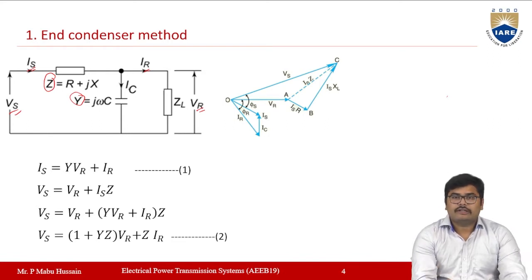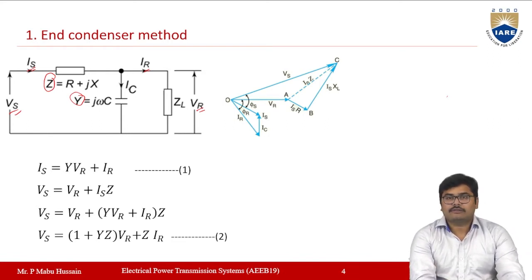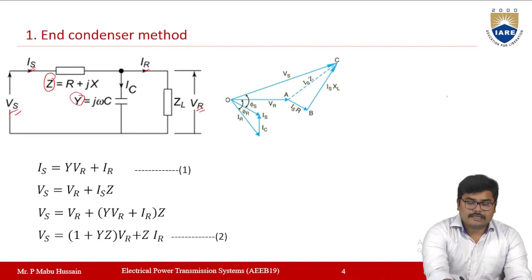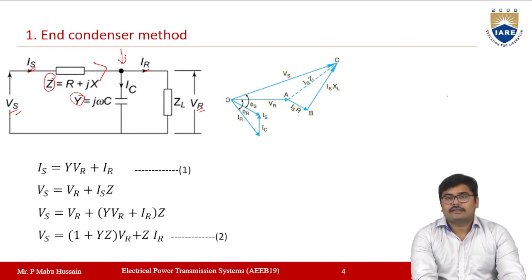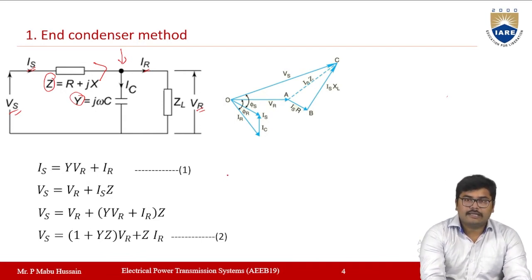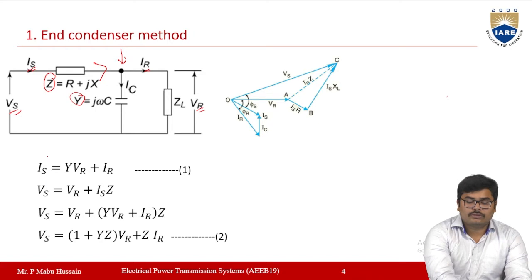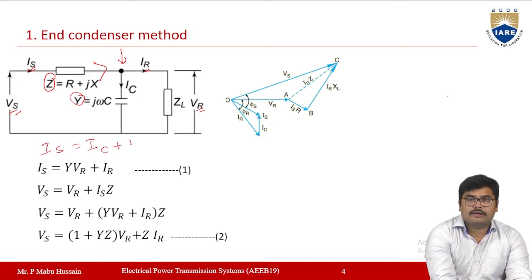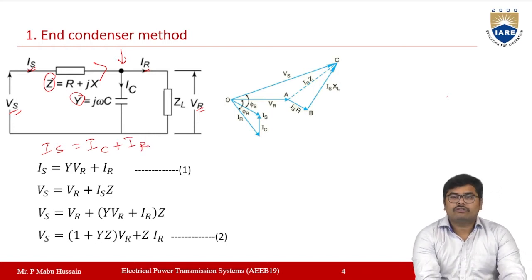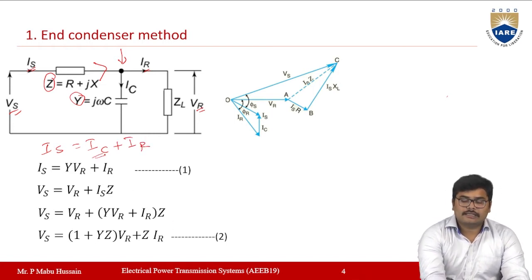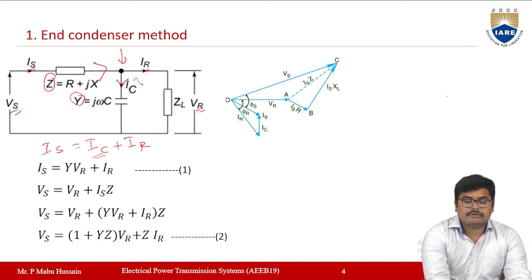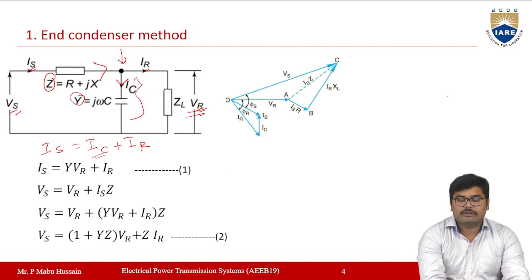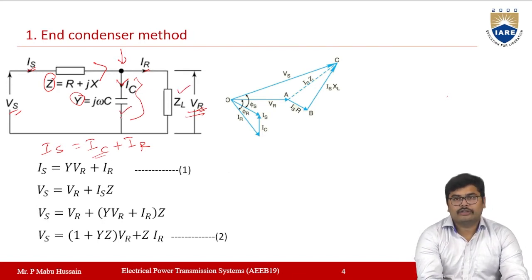If you write the performance equations for this system, at this node, applying KCL, Is will be equal to Ic plus Ir. Ic is the current flowing through the capacitance. The voltage across the capacitance is the same as the receiving end voltage, because the load and the capacitance are in parallel.